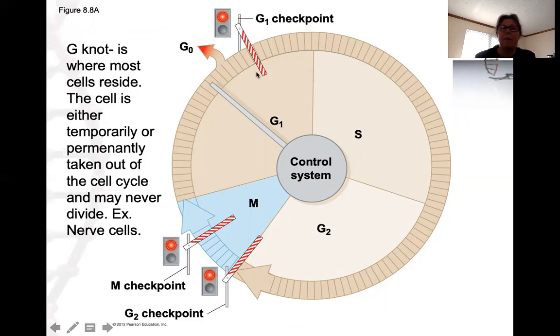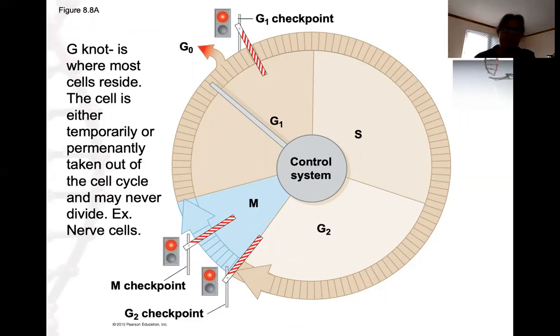If they're given the green light, they move into synthesis, then into gap 2. Before we go into mitosis, there is actually a proofreading process to make sure the DNA correctly replicated itself. If there are errors in the DNA replication at this point, the cell will actually self-destruct. It's called apoptosis.